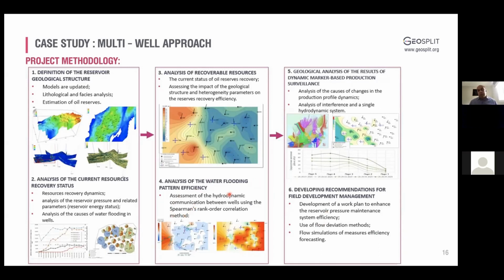But basically, we started using the data that we are getting from production profiling of different fracturing stages in each well in data-driven models where they were using probabilistic models like the Spearman rank order correlation method or the capacitance resistance method.